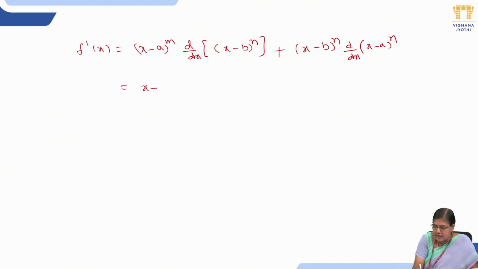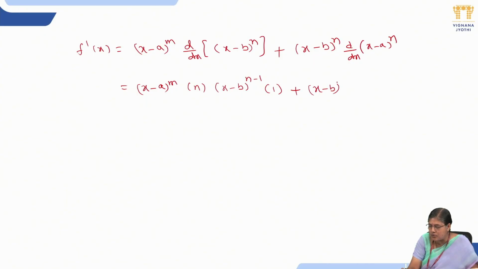That is equal to (x minus a) whole power m into, when differentiating (x minus b) whole power n with respect to x, n into (x minus b) whole power n minus 1 into the derivative of x minus b, which is 1, plus the second term, (x minus b) whole power n into the derivative of (x minus a) whole power n, which is n into (x minus a) whole power n minus 1 into 1.